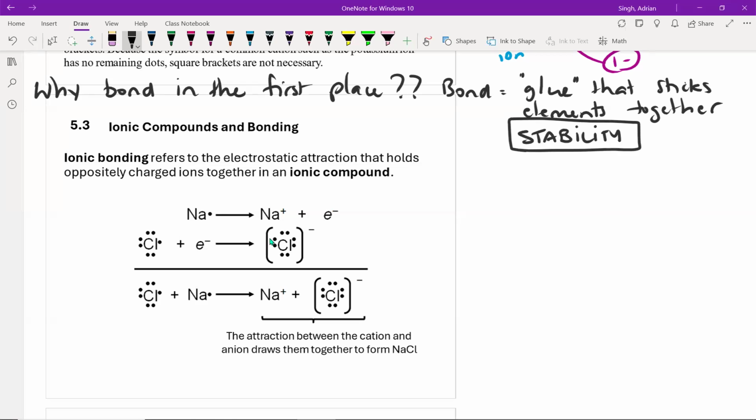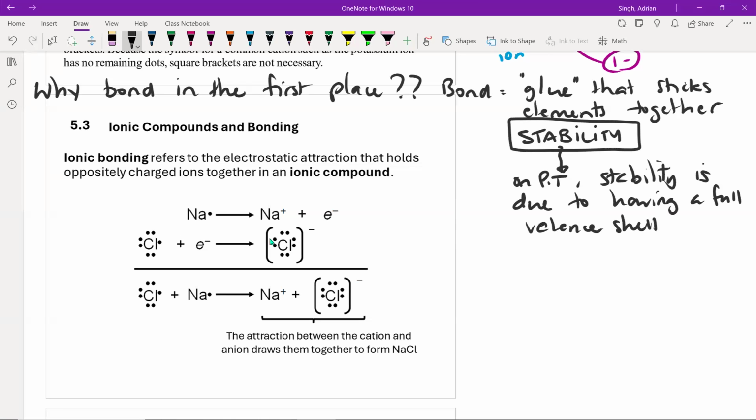So with respect to electrons, stability is due to having a full valence shell.